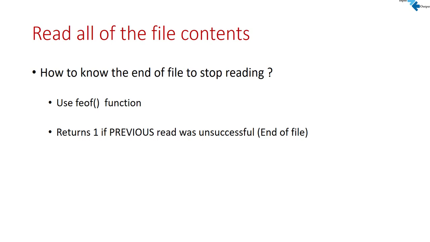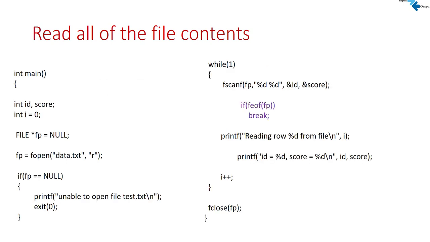This is why I will have the same program as before, but this time I will have a while loop, which is while 1. While 1 means that it will run forever until a break statement stops it. So I have here a break statement with feof of this pointer.